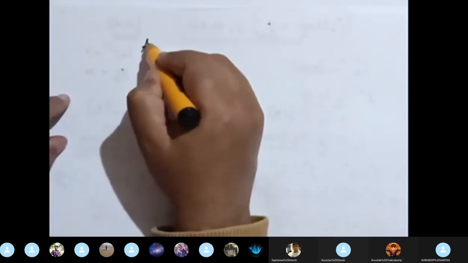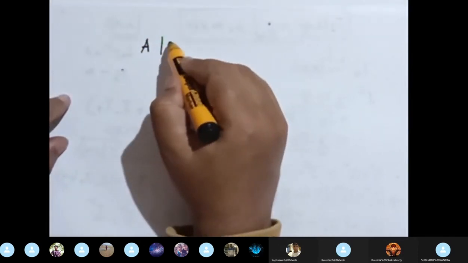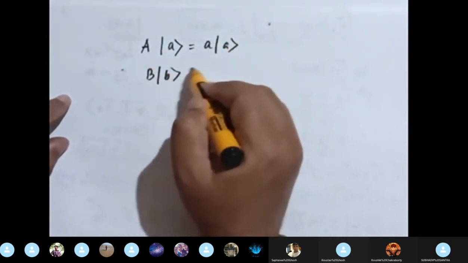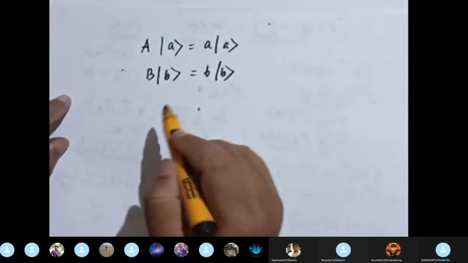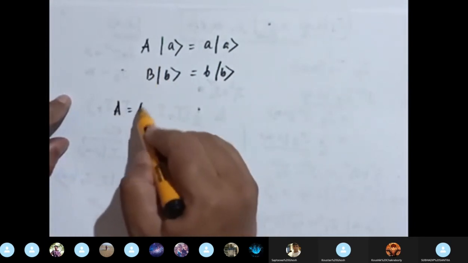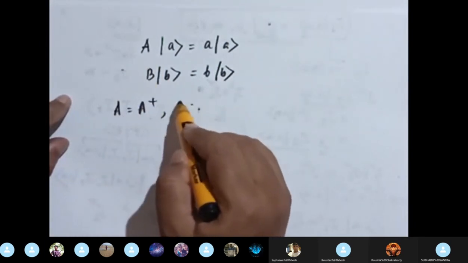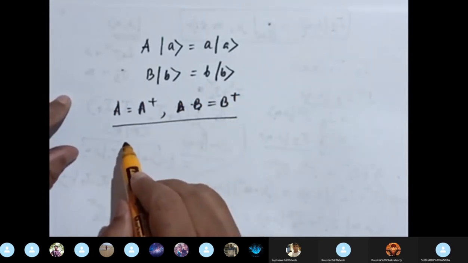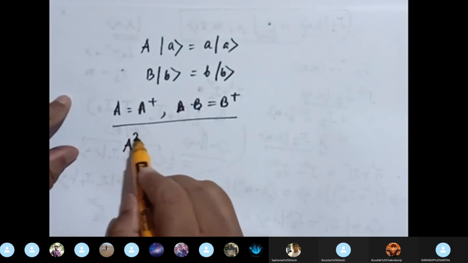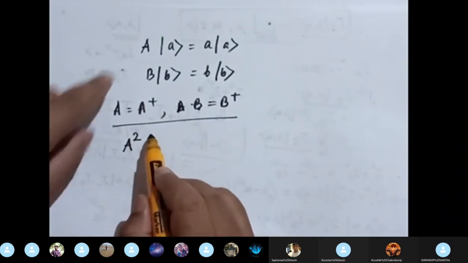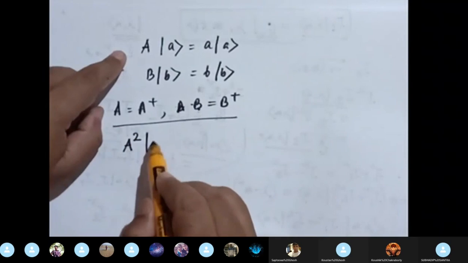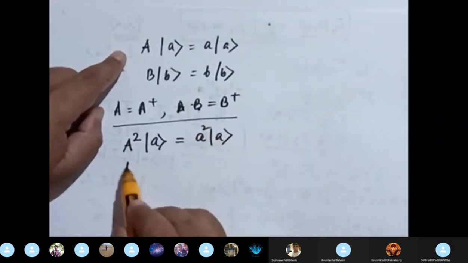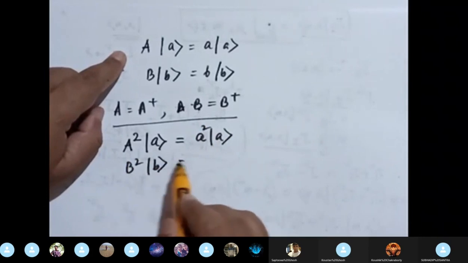In general, if A has an eigenstate A, B has an eigenstate B, and A, B are Hermitian operators, try to show this. Then you can surely say A square, you operate A on this side, so A square has an eigenvalue, and B square will have an eigenvalue B square.